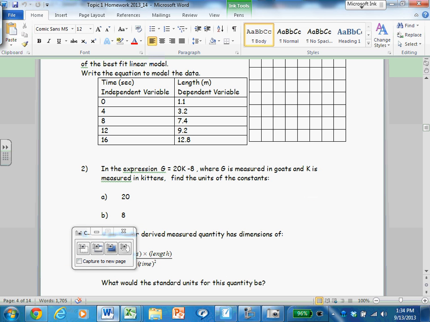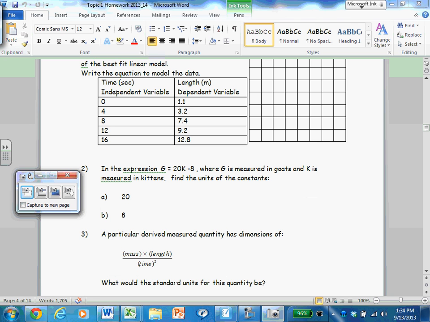Okay. Now we talked about fundamental quantities, right? Mass, what were the units for that? Kilograms. Length, meters. Time, seconds.